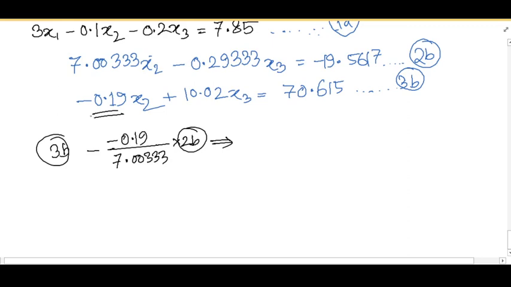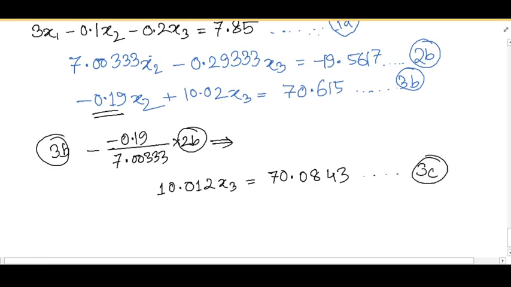Although this one will be cancelled out and very little will be subtracted from this one, just because this is a very small term, as you know, it will remain almost the same, that is 10.012 x3 after subtracting this thing from this 3b, and this will be equals to 70.0843, and this is our equation 3c, the new modified equation.